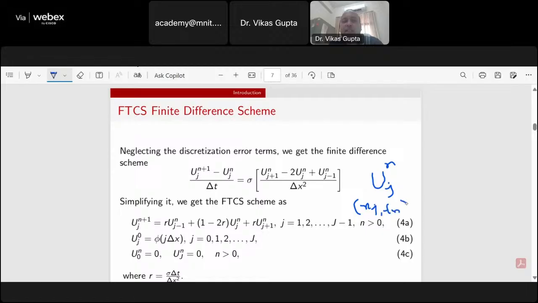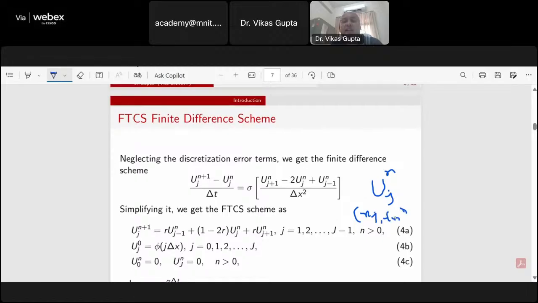So Uj^n basically is the solution of the finite difference scheme at the point xj, tn. This is our final finite difference scheme, and simplifying it, it can be written in this form: U_j^(n+1) = r U_(j-1)^n + (1 - 2r) U_j^n + r U_(j+1)^n.